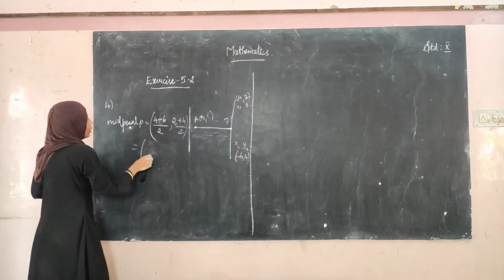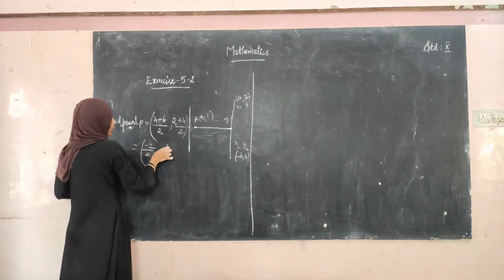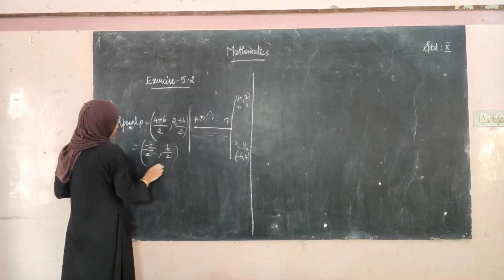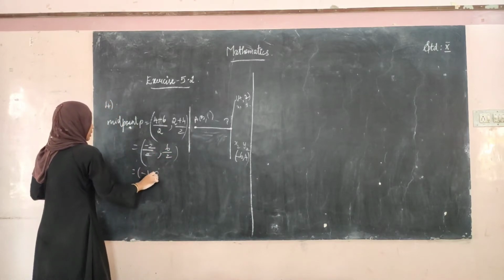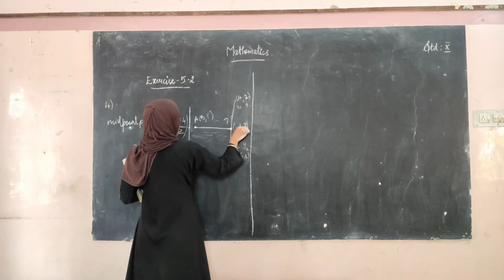That is equal to 4 minus 6 is -2 divided by 2, and 2 plus 4 is 6 divided by 2, which is equal to -1, 3. So this point is -1, 3.